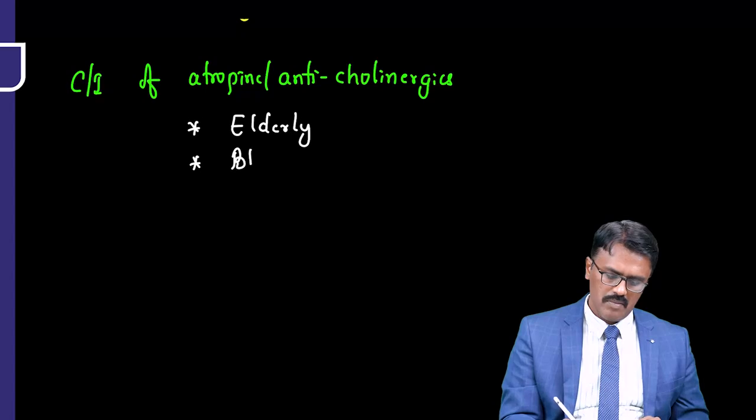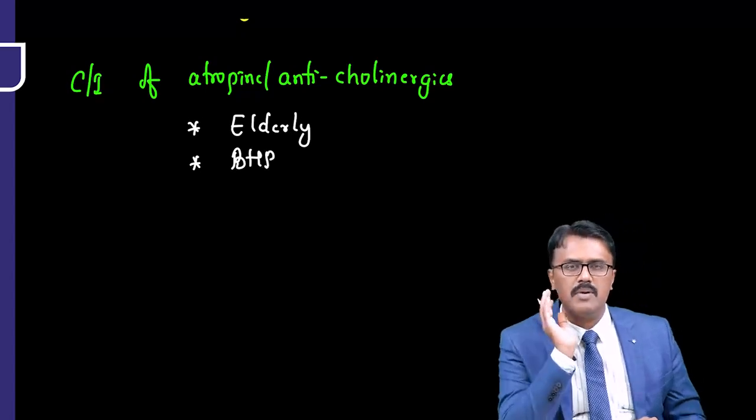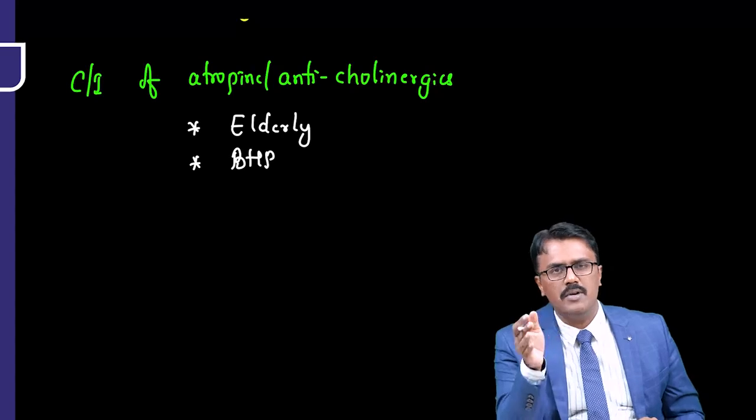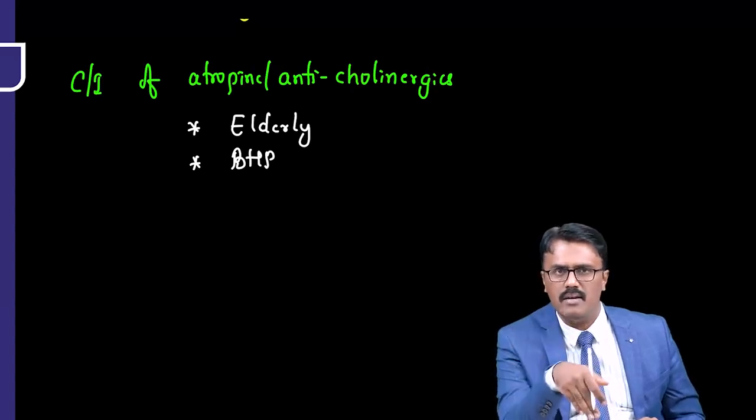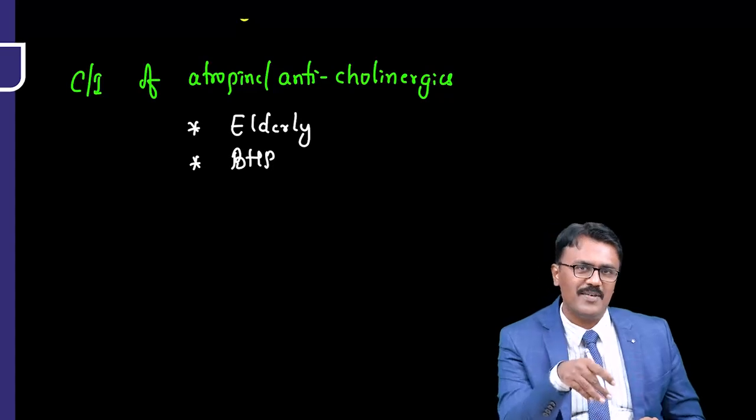Already the urine is not coming because of big prostate, and if you give them, it will cause further urinary retention. Second, in elderly it will cross the blood-brain barrier and cause confusion and all these things. So we don't want to use it in BPH, where the urine is already retained and the anticholinergics also retain urine.